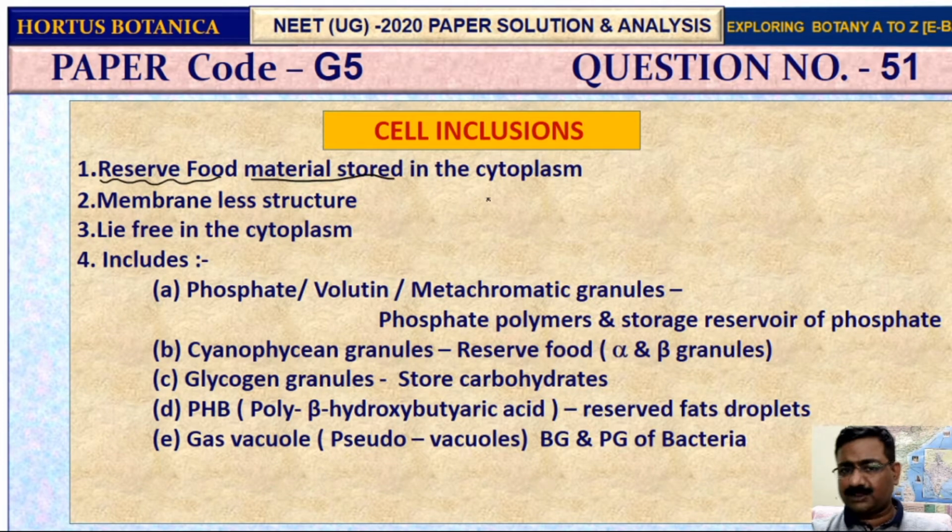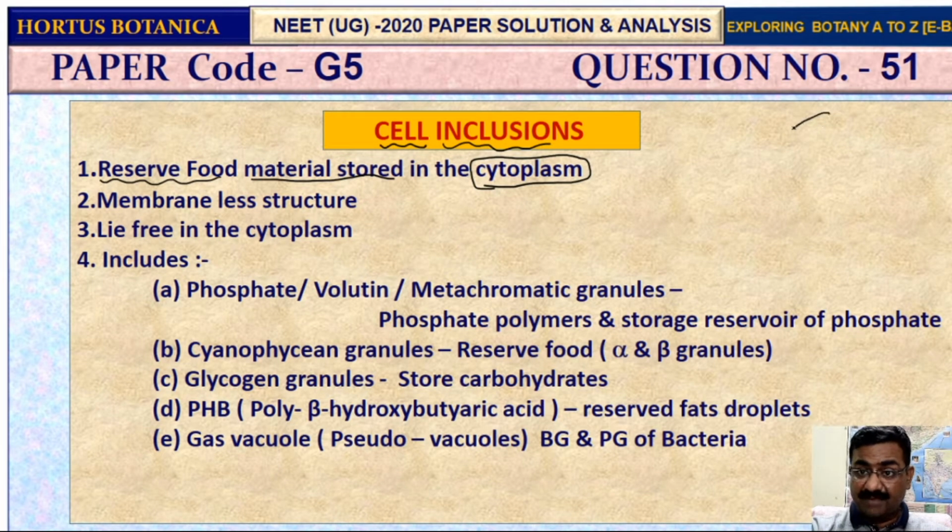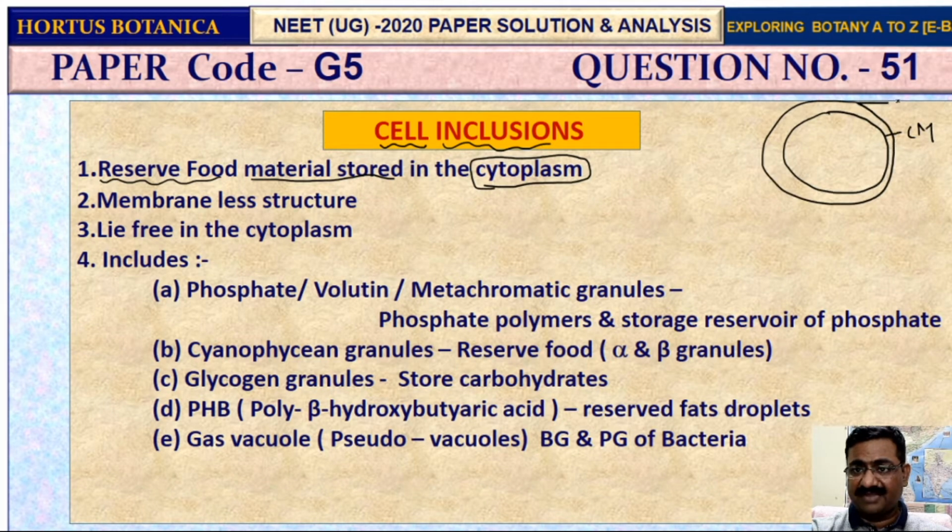And where is it found? In the cytoplasm. And inclusion means it is nothing other than reserve food material. If this is the cell, we have the cell membrane, outside the cell membrane there will be the cell wall, and inside is the cytoplasm.